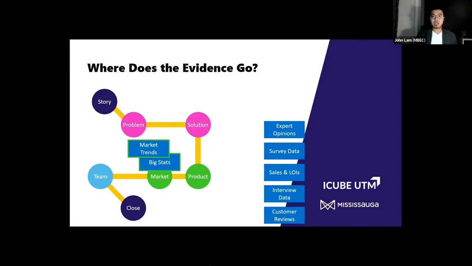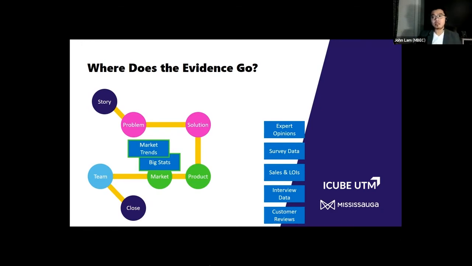Or we've seen an influx of this particular type of company in the last couple of years, and there's been X amount of investment dollars being poured into AI or blockchain, right? Those are market trends, right? And that fits into the market because it's telling us that something is going on. There's some kind of opportunity, right?